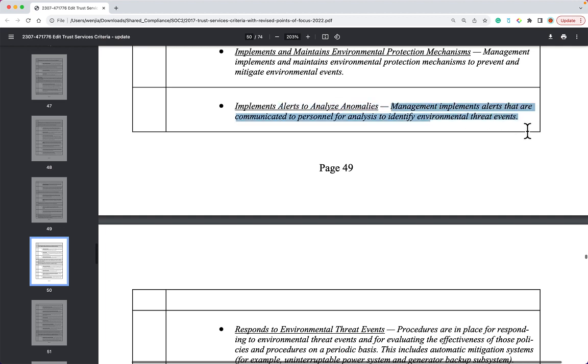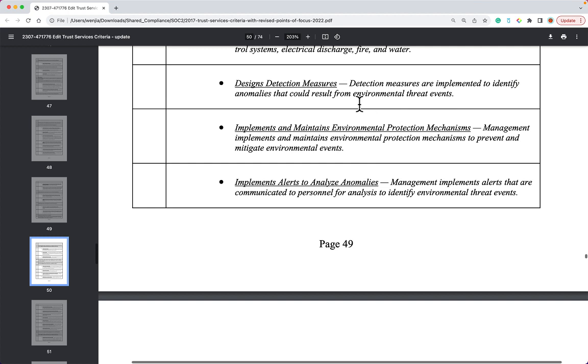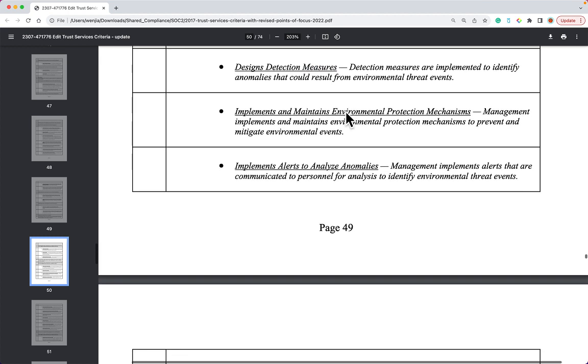Management implements alerts that are communicated to personnel for analysis to identify environmental threat events. So you have designed this mechanism to detect all the hazards, all the threats.